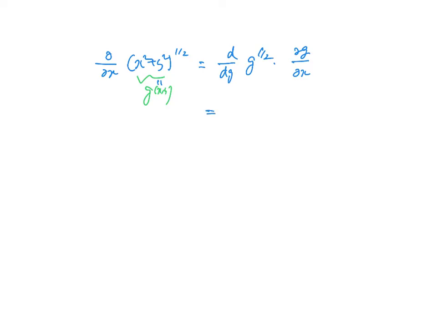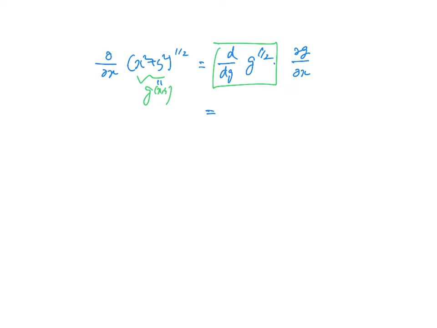So now we can calculate this. Partial of (x squared plus y squared)^(1/2). If we put this as g(x,y), then it becomes d g^(1/2) times partial g over partial x. And now this is easy, right?